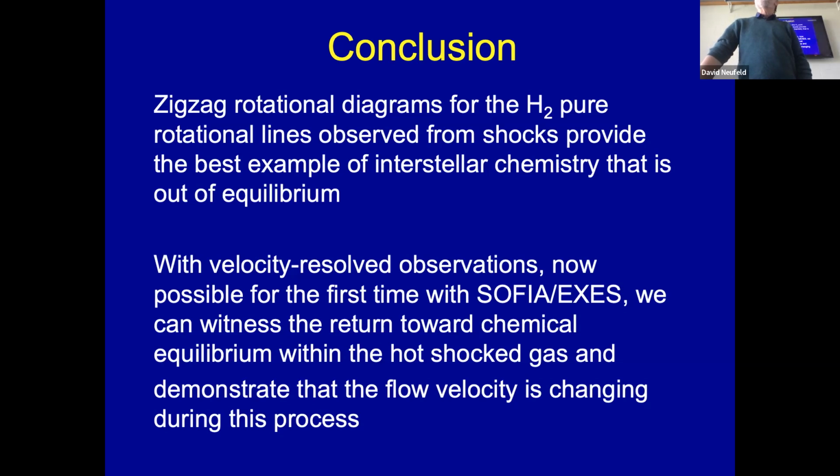There was also a lot of interest in the ortho to para ratio in comets, where water is being vaporized from an icy object that previously was much further from the sun and was just deflected onto an elliptical orbit close to the sun.